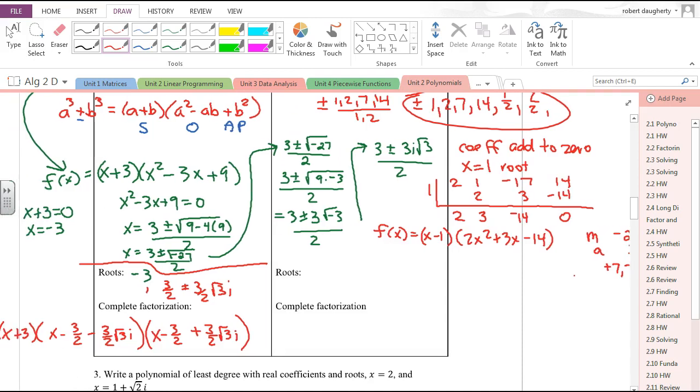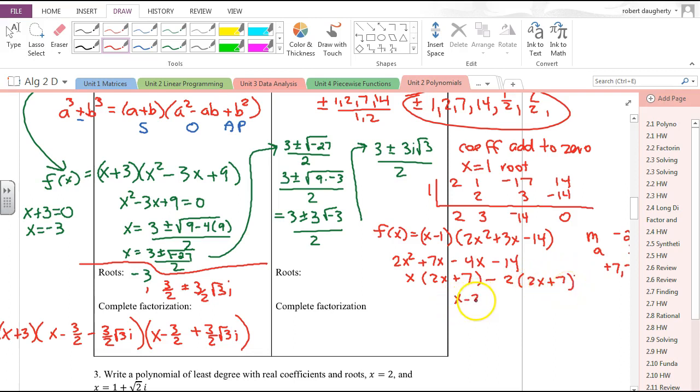So I can write this as 2x squared plus 7x minus 4x minus 14. And so that is x, 2x plus 7 minus 2, 2x plus 7.